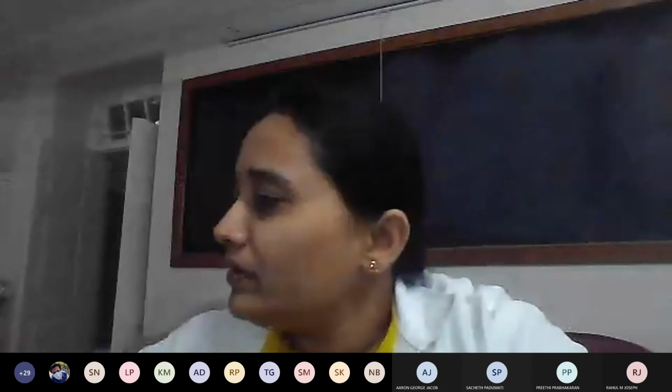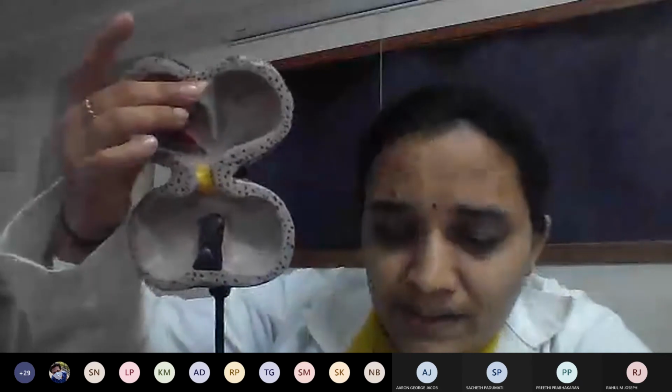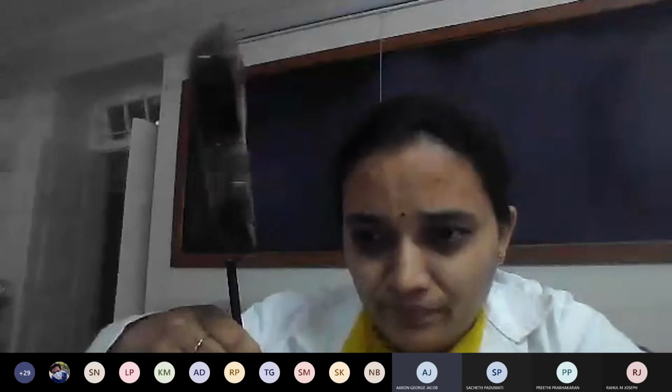Model of heart tube with circulations. This is the model of development of interatrial septum and interventricular septum. This is septum primum.